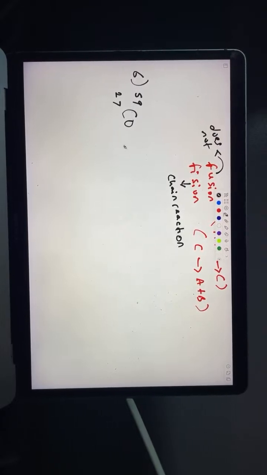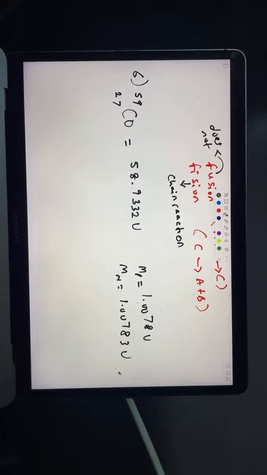They've given us that the atomic mass is 58.9332 U. Now they also want us to find for a proton, the atomic mass unit of a proton is 1.0078 U, and for a neutron is 1.00783 U. So the unified atomic mass unit, that is, U is 931 MeV, which is the same thing as 1.6 times 10 raised to power minus 19 joules.